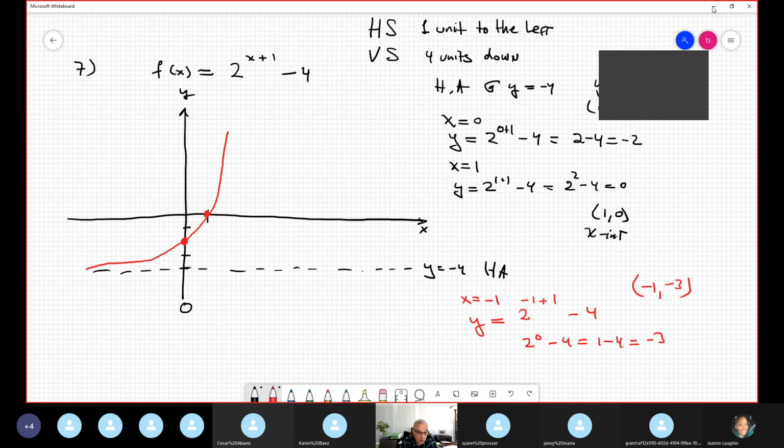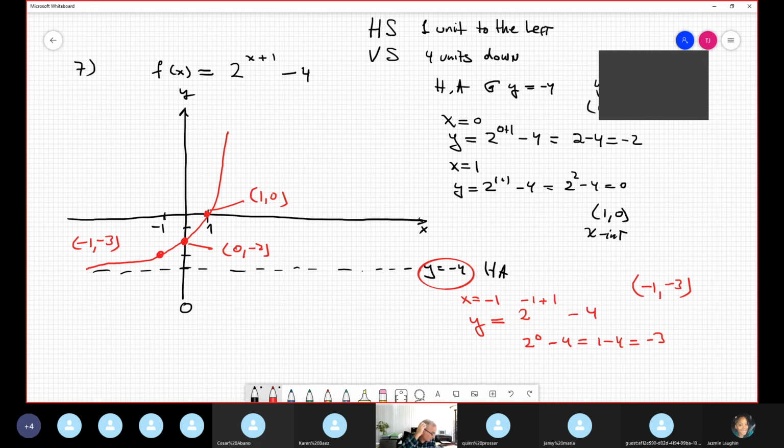Okay, here, this is -1, -3, which I suppose is this point. That point was (0, -2), and this point was (1, 0). We can plot more, but I suppose it's not necessary. Don't forget the horizontal asymptote at y equals -4. Any question, guys?